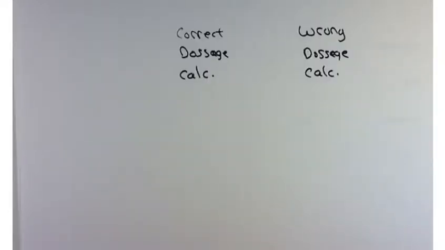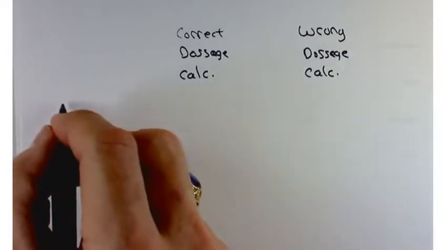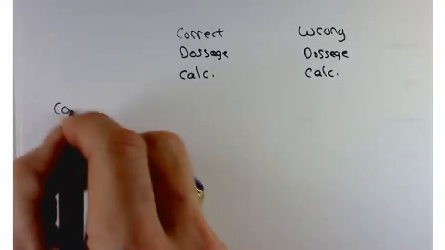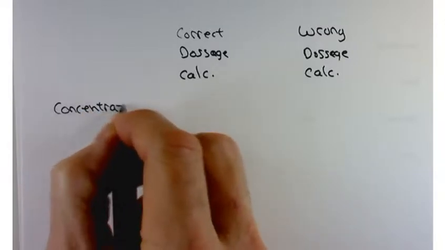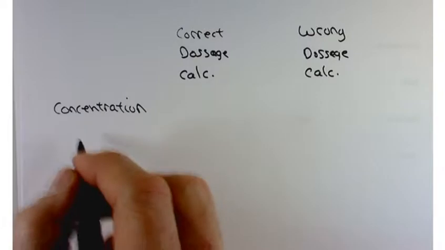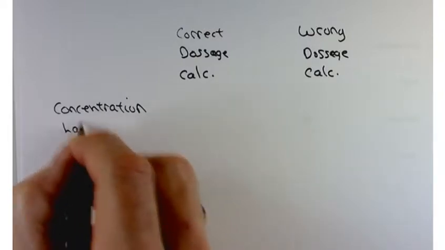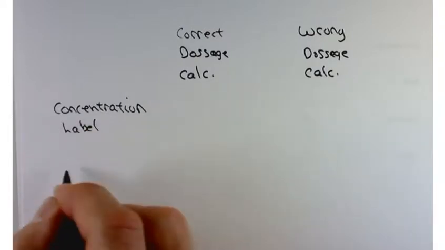So that's across the top, and then down the side are different labels, and we want to see what happens to doctors when they're presented with different labels. Concentration label, and then ratio label.